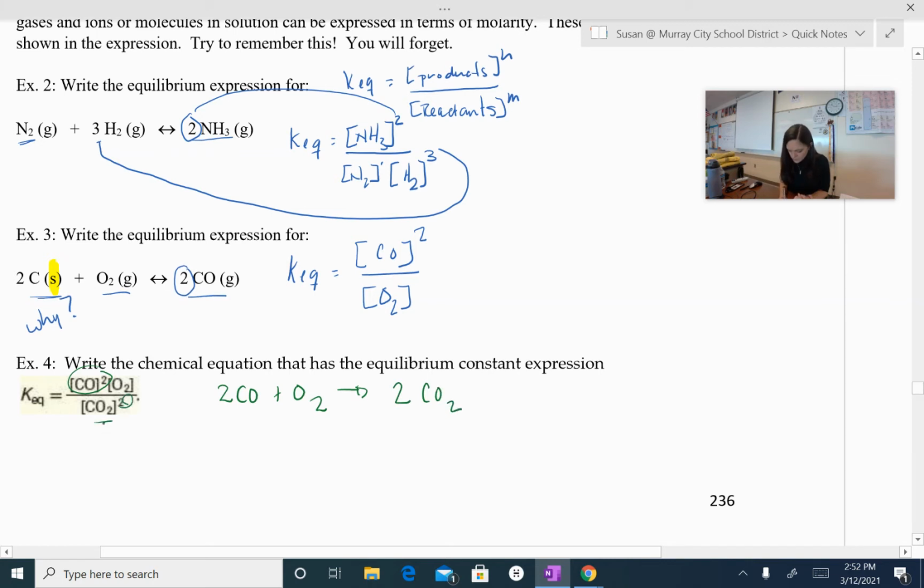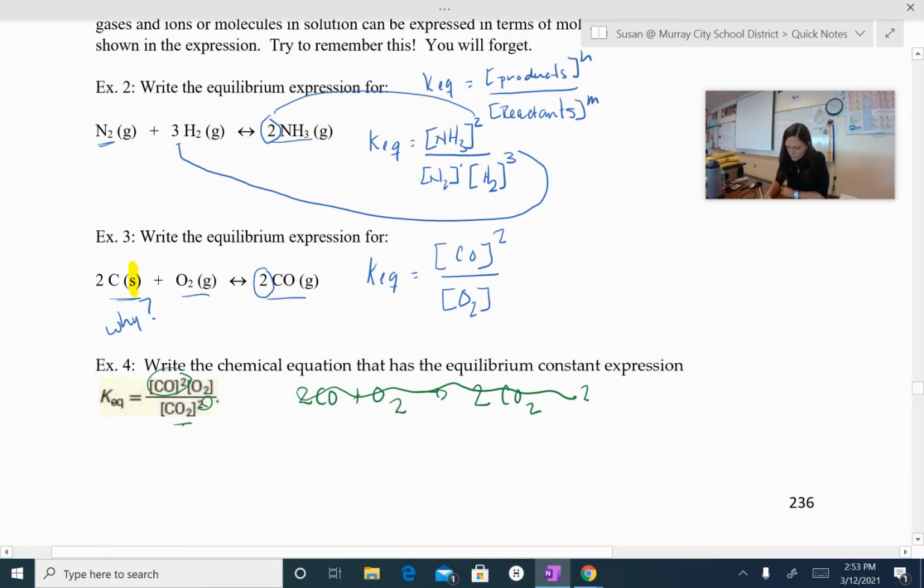right? Because no, did I have it reversed? I did. Silly me. Sometimes I make mistakes on purpose. Do you know that? Okay, so really our products need to be carbon monoxide. So we really should have carbon dioxide, 2 of them, going to carbon monoxide, 2 of them, plus oxygen.